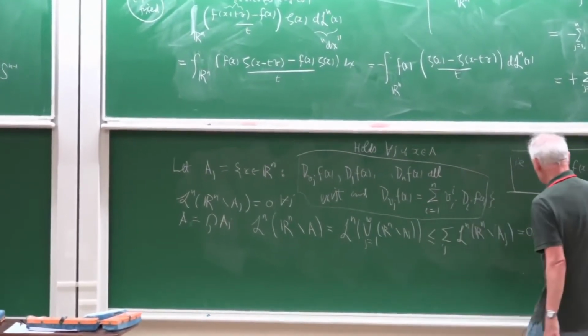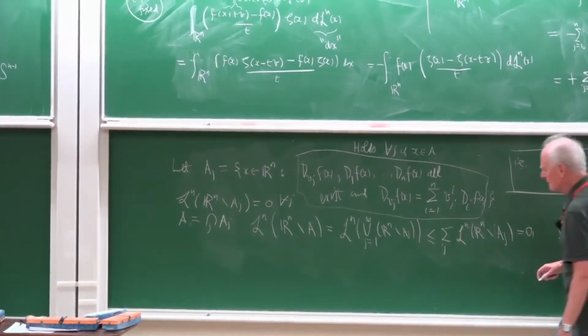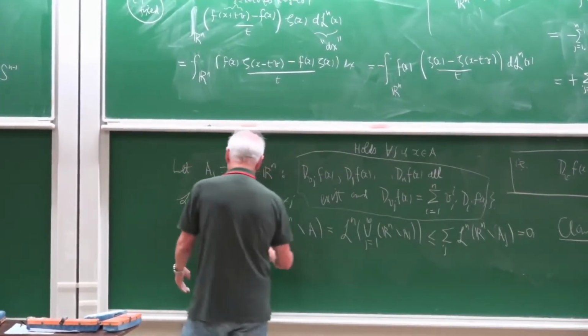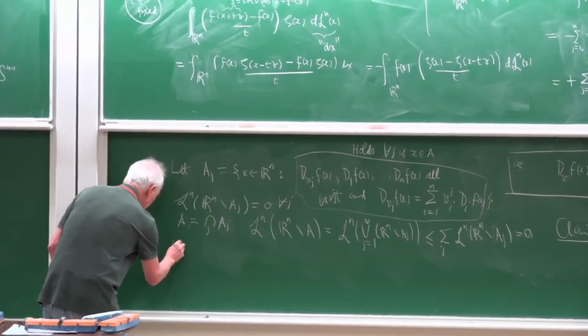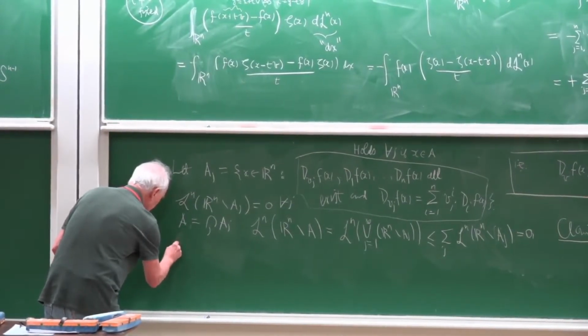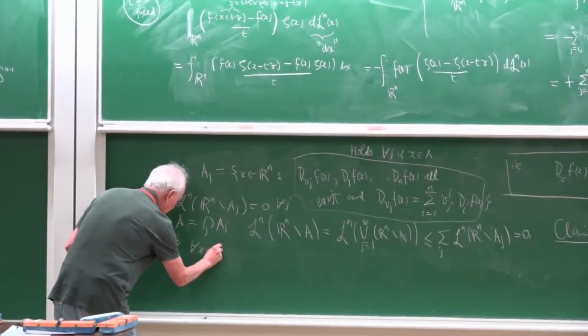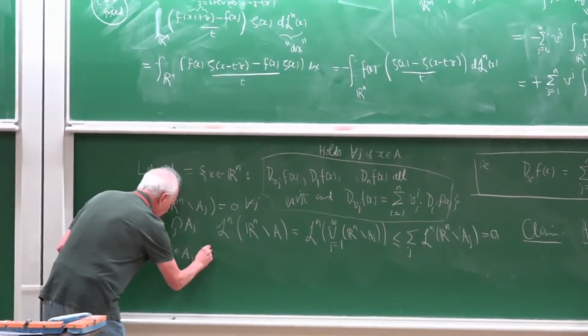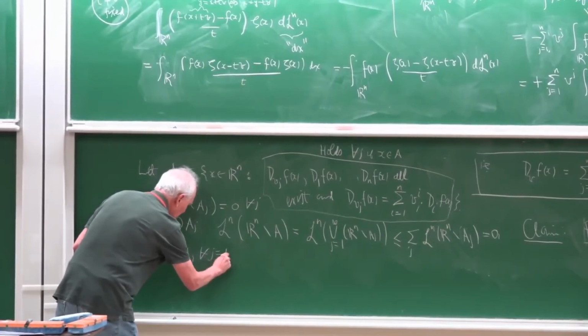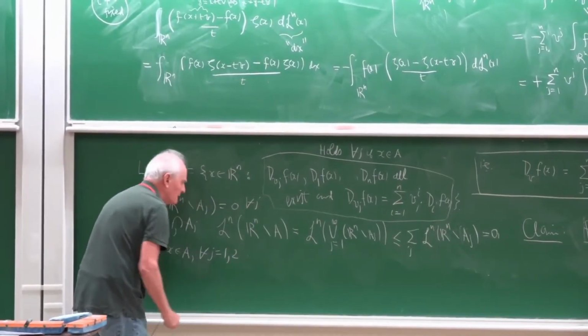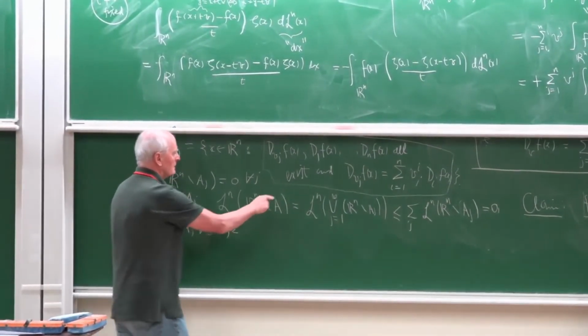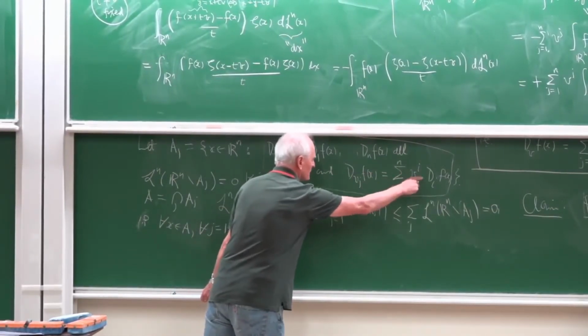This by definition means, so let's just rewrite that: for every x in A and for every j equals 1, 2, etc., we have this existing and is equal to that.